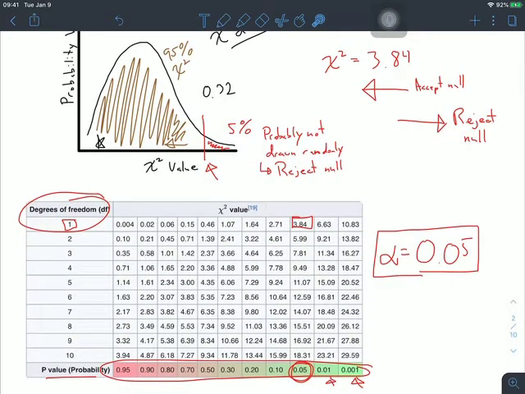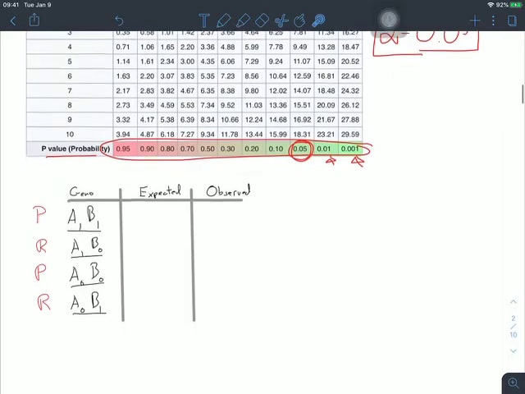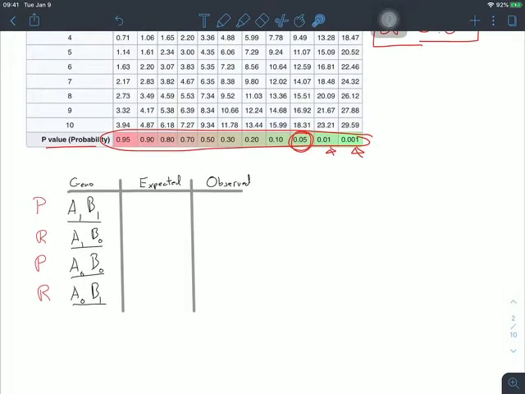For the rest of the lecture, we're going to keep going over different problems and looking at things in different ways, because you will be expected to solve these problems on your own. So next up, let's fill in some values for another chi-squared problem, looking at the exact same question. Are these loci linked or not?